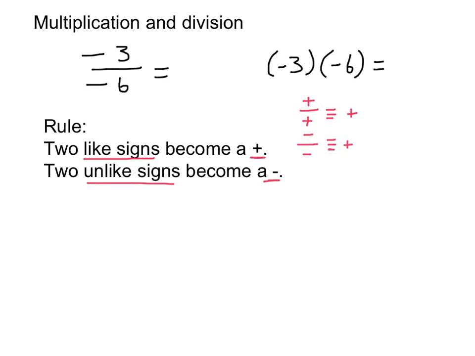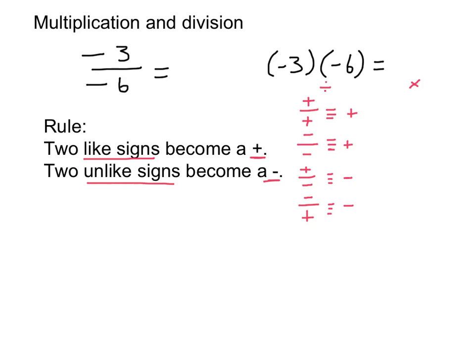And for the second rule, when two unlike signs come together, they become a minus. So if I have a plus divided by a minus, or a minus divided by a plus, both of these will become negative numbers overall. This is for division, right? And for multiplication, it's exactly the same.